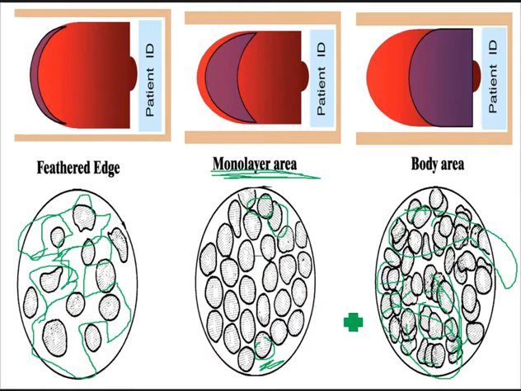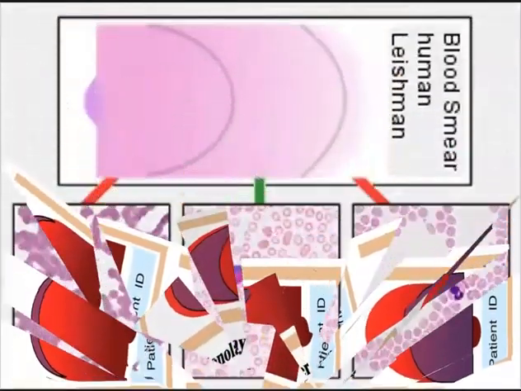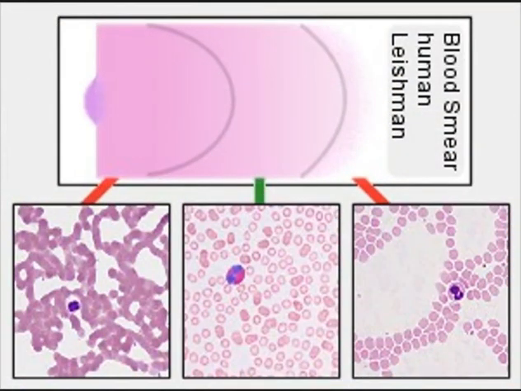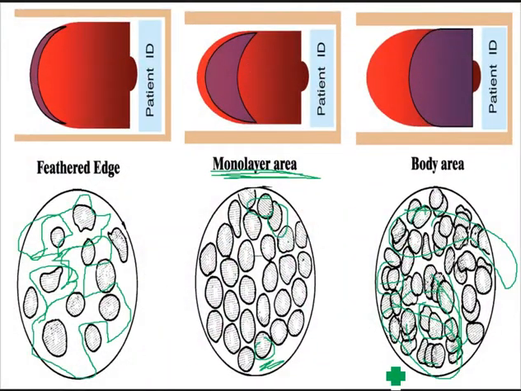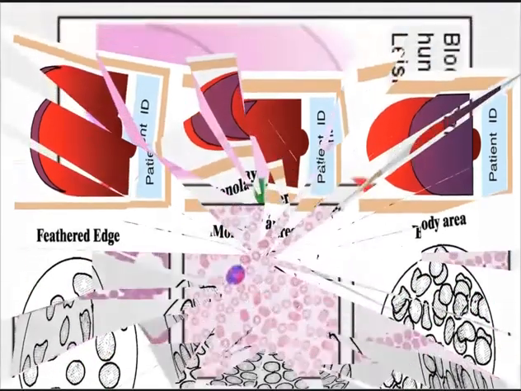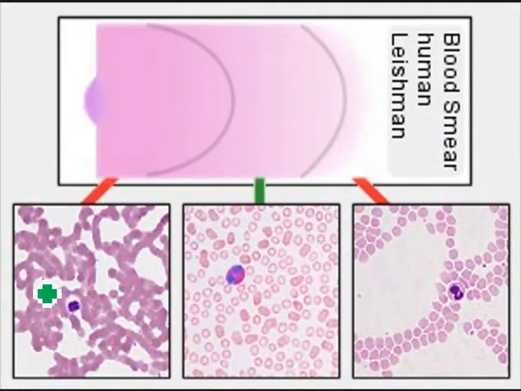Your monolayer area is the site where you should assess and see your cells. Okay, now next we have this drawing version, while this is the actual thing.